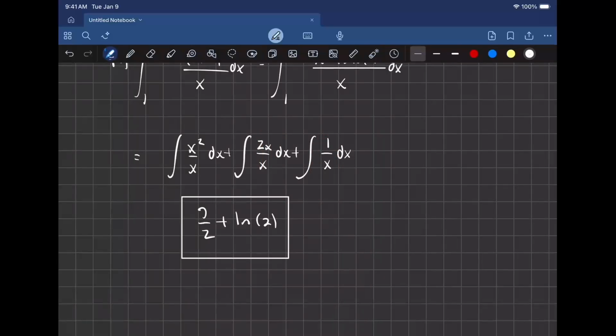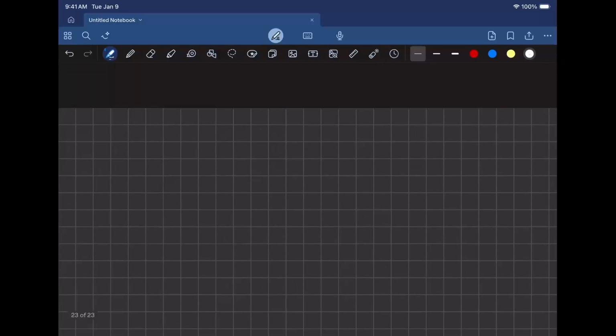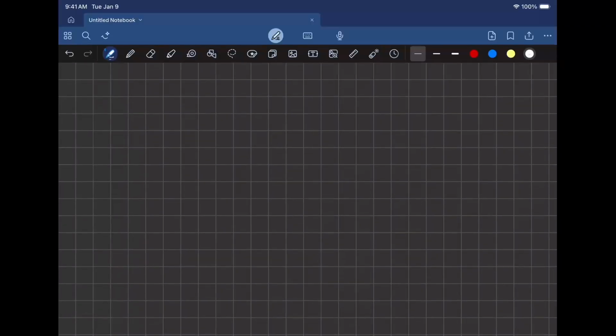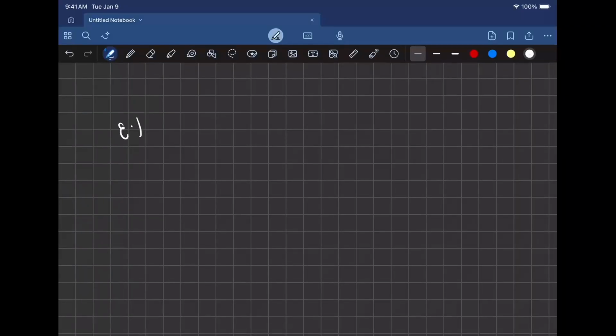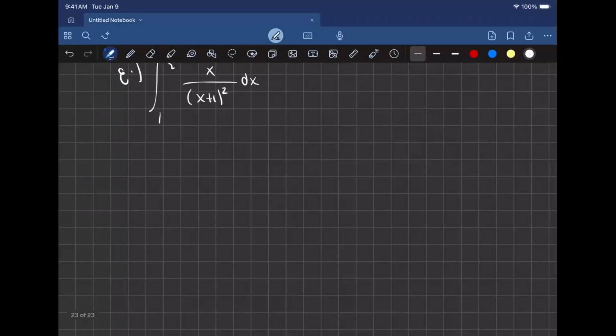Okay, let's do Q now. So Q is like the inverse of P, right? We're just flipping the numerator and denominator, but it does change our solution. So we'll have the integral from 1 to 2 of x over x plus 1 squared dx. And this is how I want to expand this.